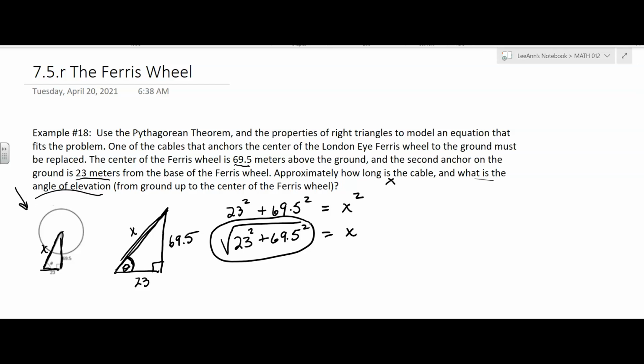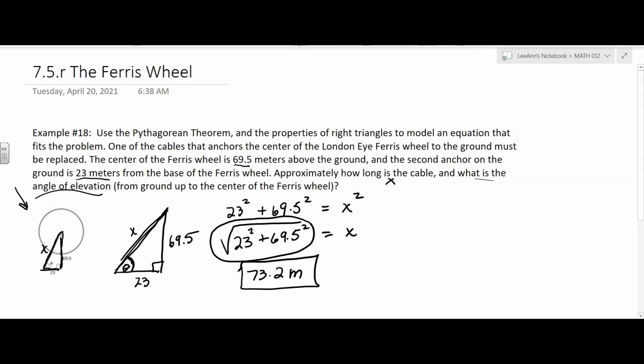Well, I did it earlier. And what do we get? 73.2 meters for X. Okay? So that's how long the cable is. Length of the cable. So that's one answer right there.